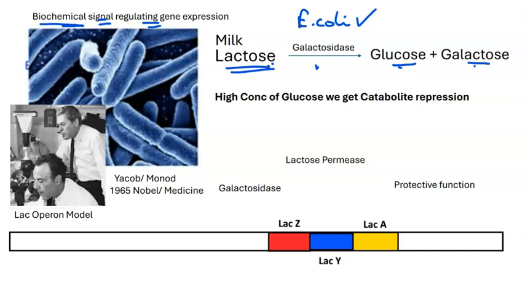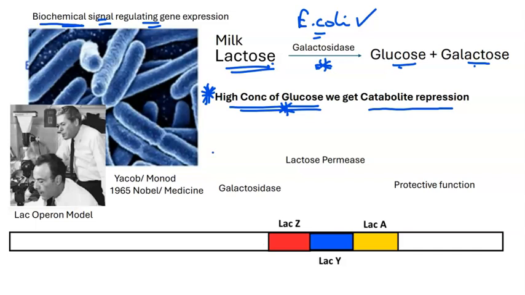However, and this is a very, very important key point, E. coli biochemically have a preference for glucose, so they won't do this if there's a high concentration of glucose present. And this is called catabolite repression.